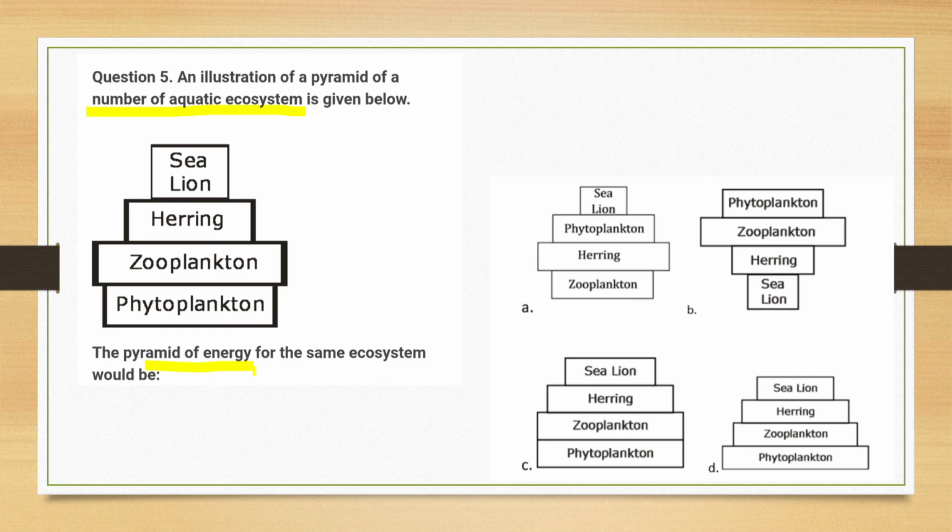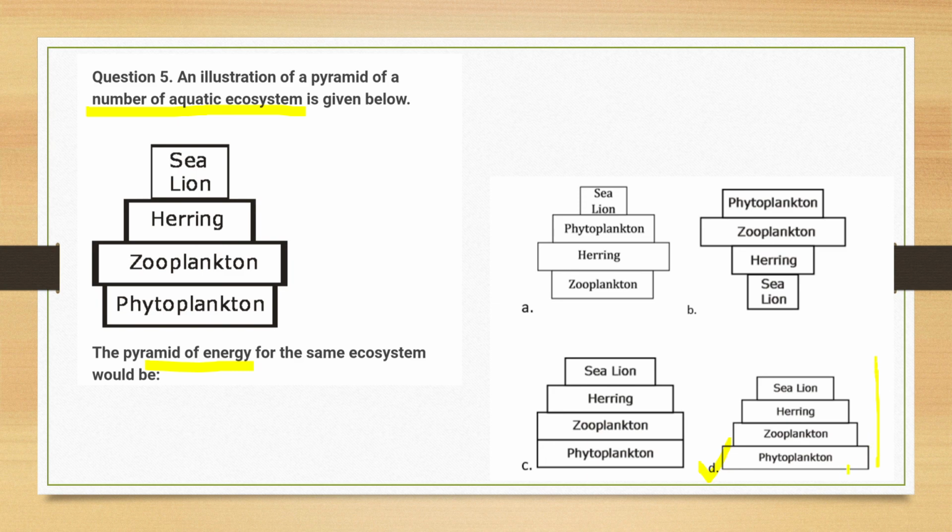That means at the basal level of the pyramid of energy, the energy is always the highest, and at the top level the energy is lowest. From each trophic level, only 10% energy gets transferred from the lower level to the adjacent higher level. That means the correct answer would be option D, because only here you can see the energy is getting decreased.